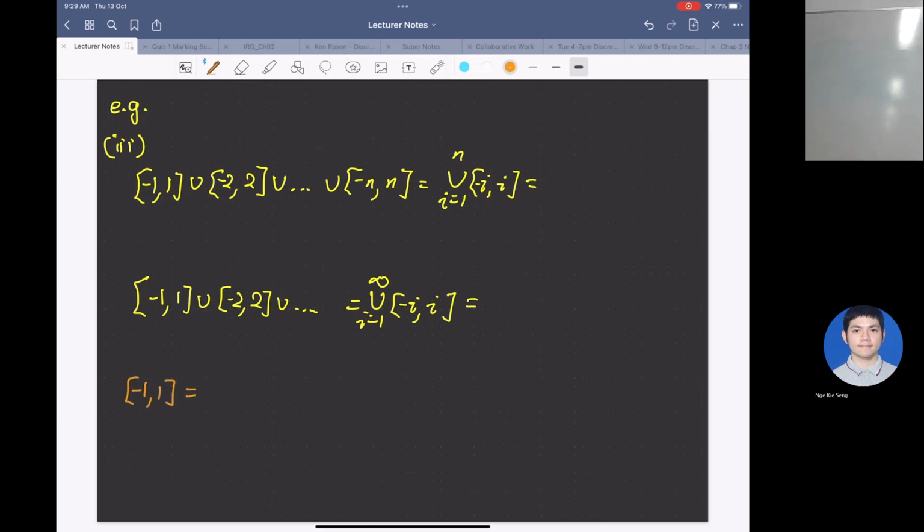The closed interval means all the real numbers that are in between the endpoints. If it is closed, then we will include the endpoints.